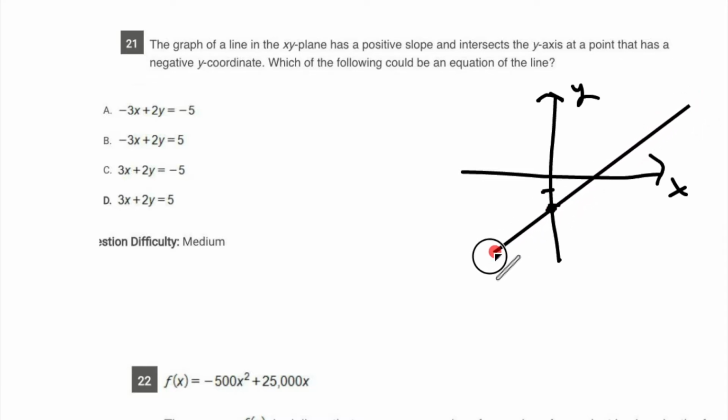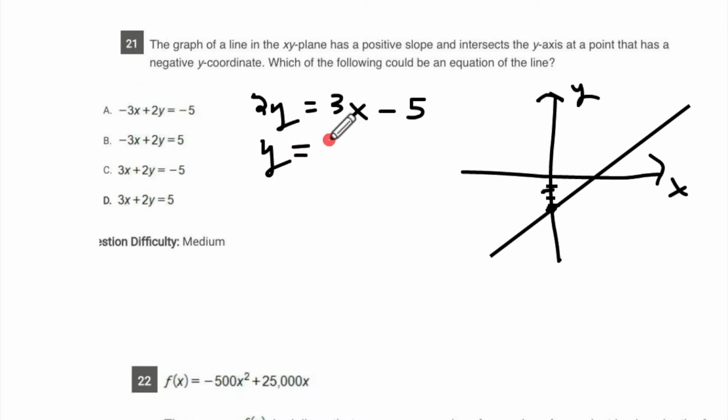So your equation is going to look like this. We're going to look for something with the y-intercept at a negative value. We don't know what it is. So we need a negative y value and we need a positive slope. What I did was start solving these, putting them in y equals mx plus b form. So we get 2y equals 3x minus 5. I just moved the 3x, and then I'm going to divide by 2.